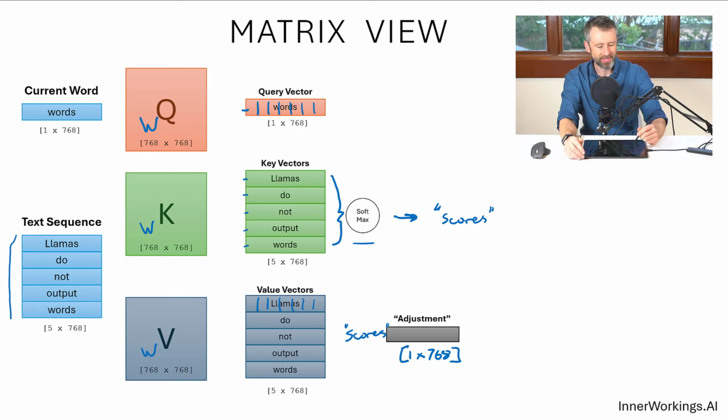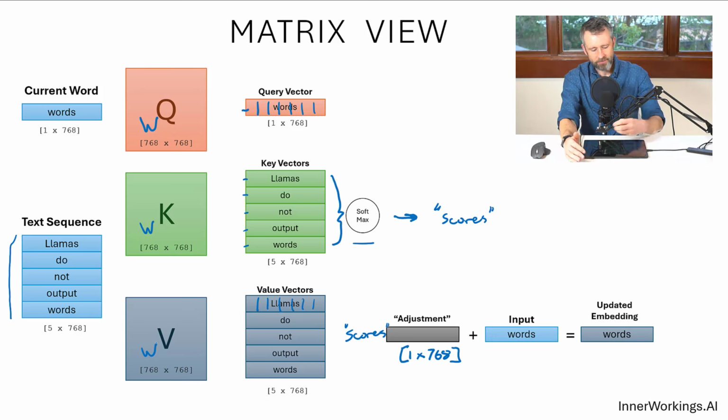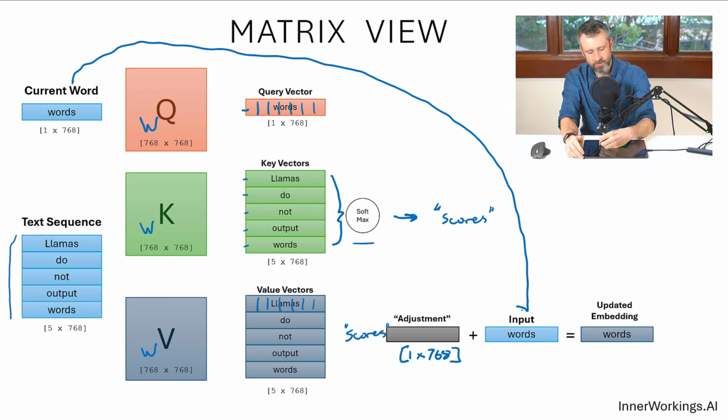And it's not per head, that's the entire layer. Okay, and I think of it as an adjustment because we know it gets added back to the input. That's the residual connection. So you add the output of attention back on top of the input, and then you get your output.